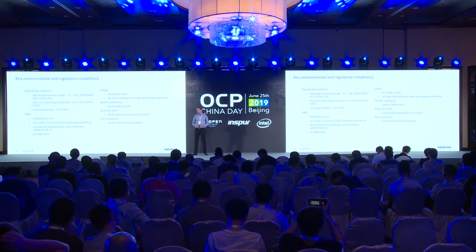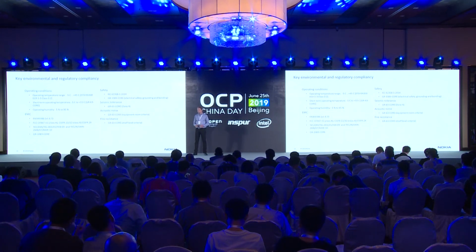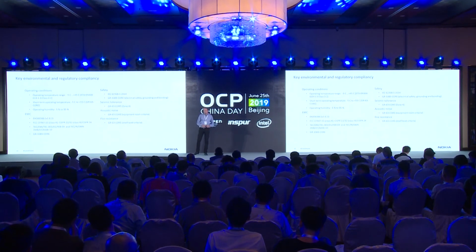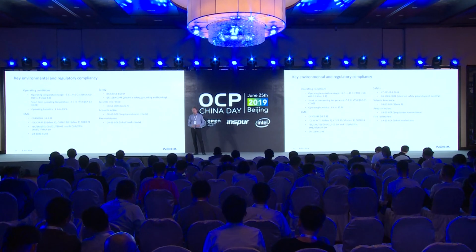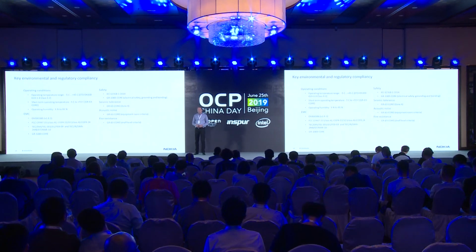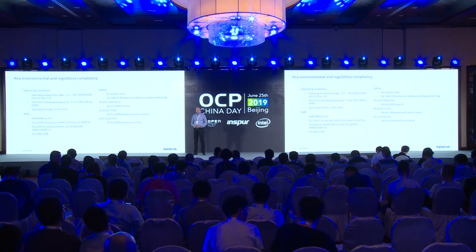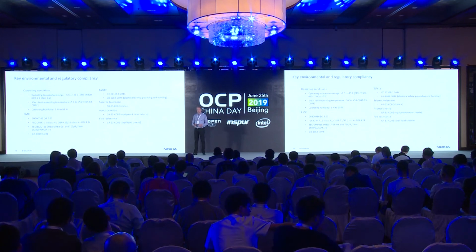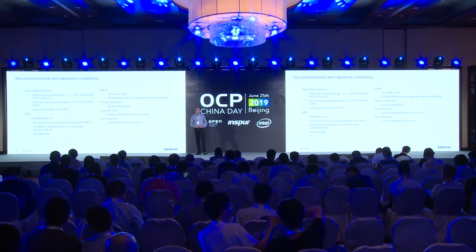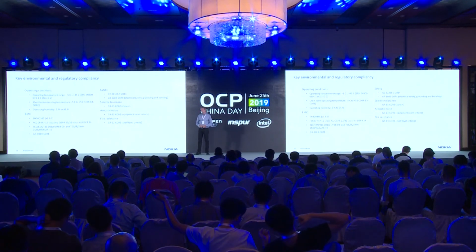We are also supporting seismic tolerance to risk zone 4, so earthquake tolerance. Acoustic noise specs are met. We are doing a full NEBS compliance test for this system, which is actually quite important for some or many telco customers.